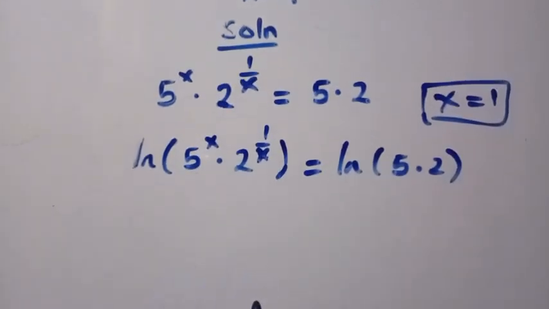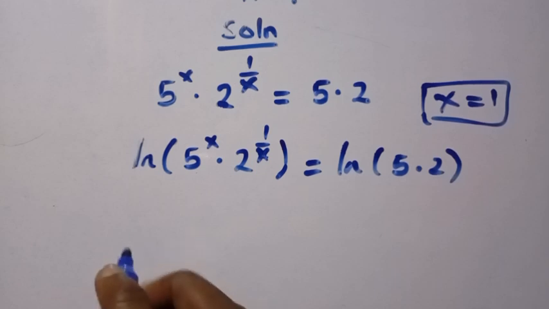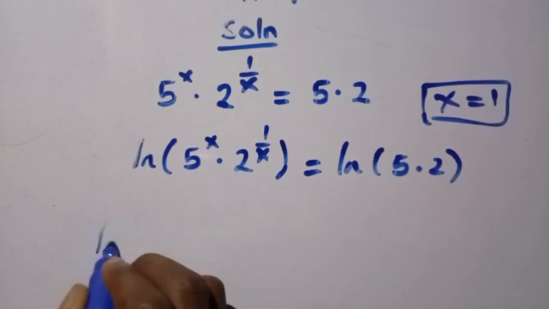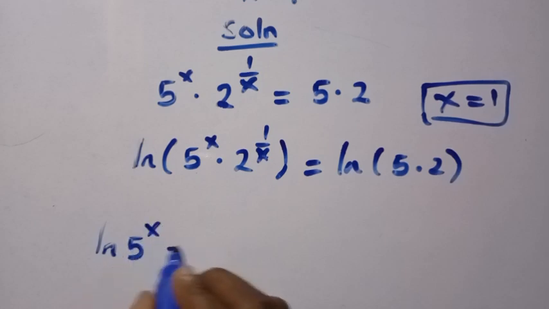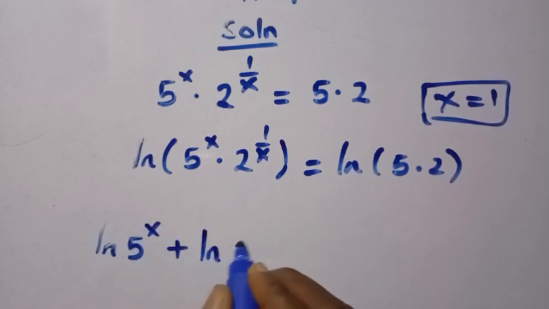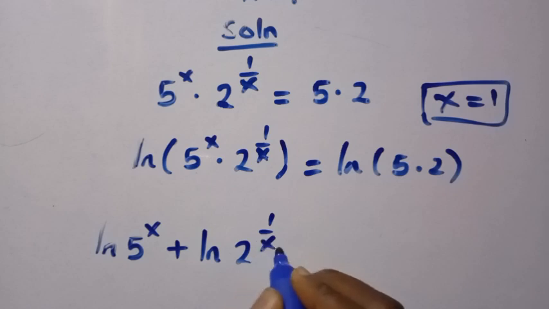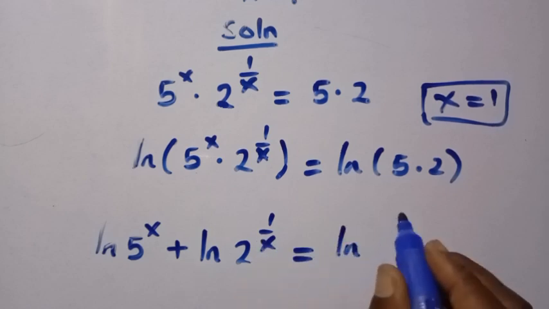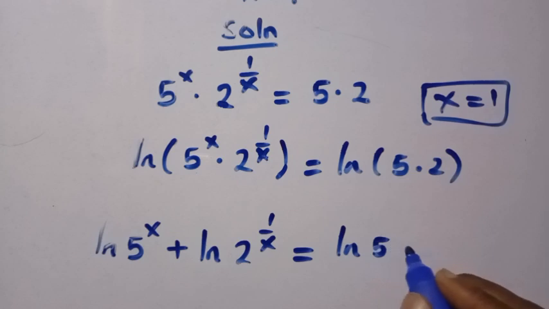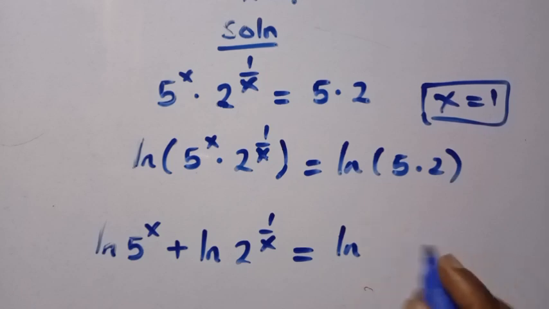This is a product, we change it to addition, and each of them takes its own separate ln. So here is ln 5 power x plus ln 2 power of 1 over x equals ln 5 times 2. I want to leave this for now, so let me just leave it as ln 10.